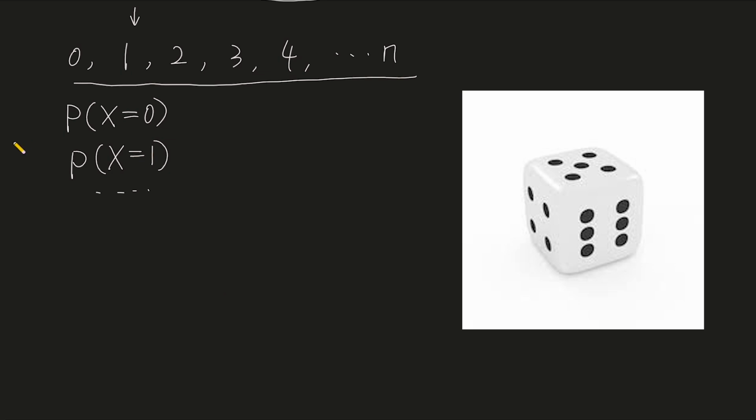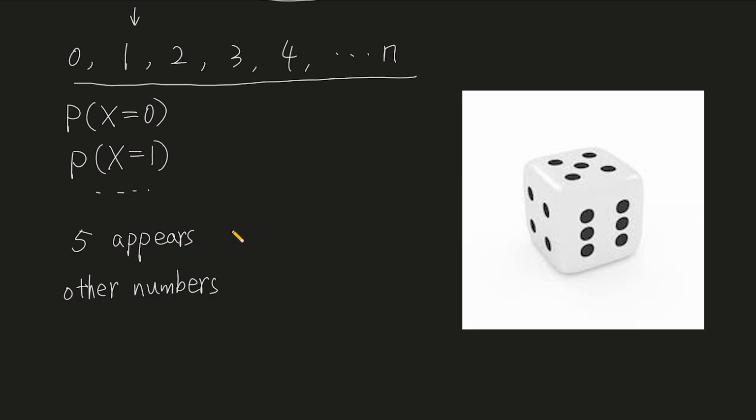Rolling a fair six-sided die is an experiment. We think that the experiment has two outcomes. One is that number 5 appears. The other outcome is that other numbers appear.